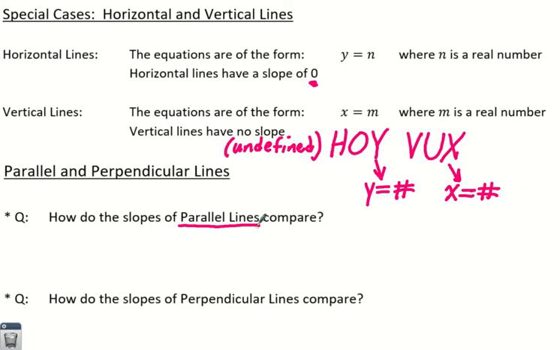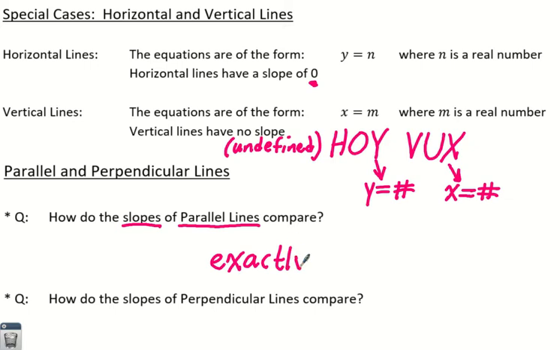I mean, you may or may not think first that, oh, parallel lines are lines that will never cross. They're always the same distance away from each other as they go on and on and on. But I hope you learned in Algebra 1 the algebra version, the slope version of parallel lines is that how do the slopes of parallel lines compare?